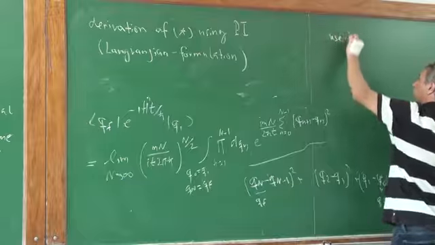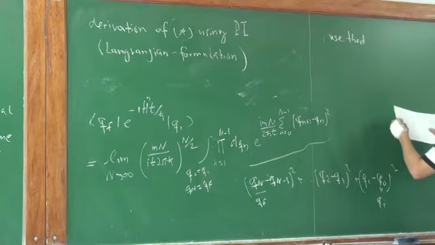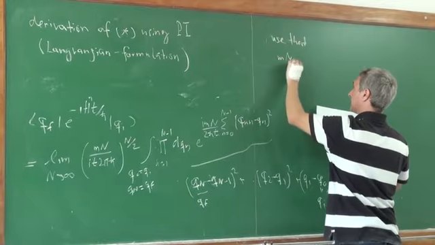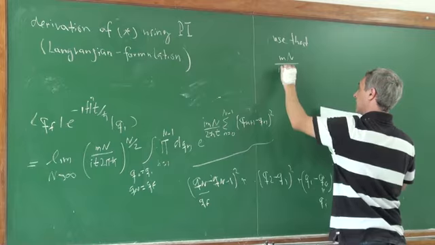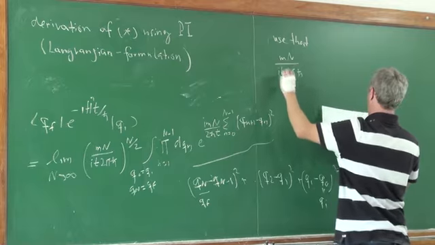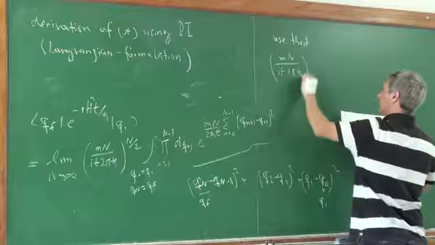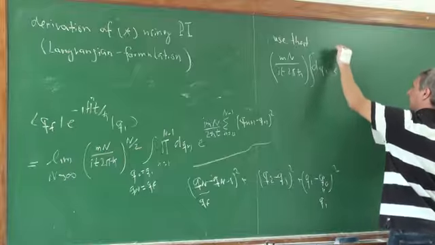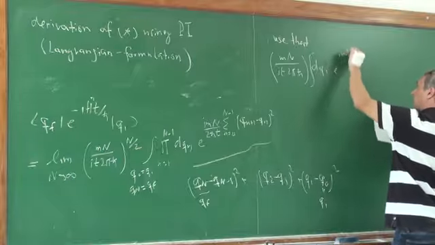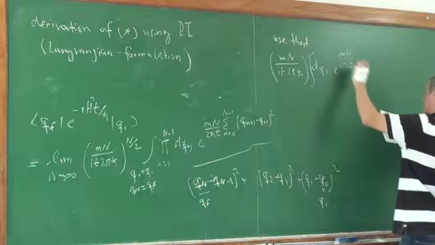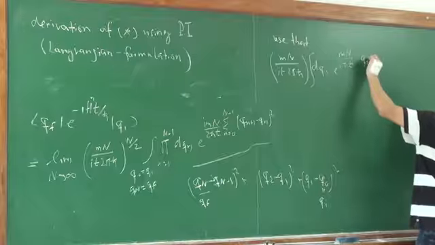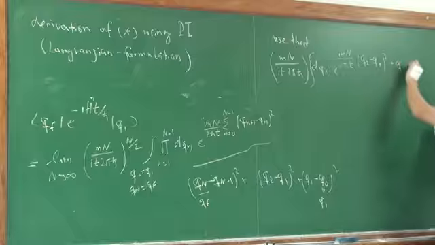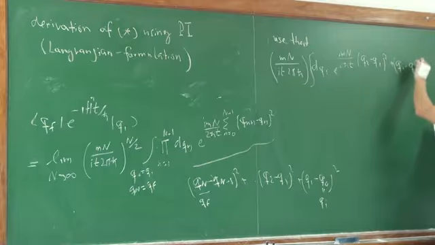Let us only collect those terms which depend on Q1, and let us use the following identity, with the factor i m over h bar t, and Q initial squared.